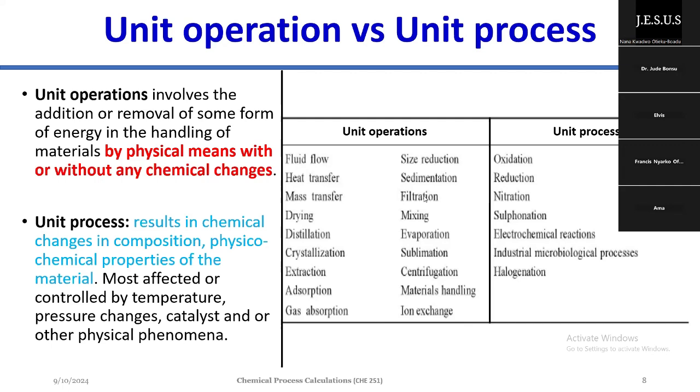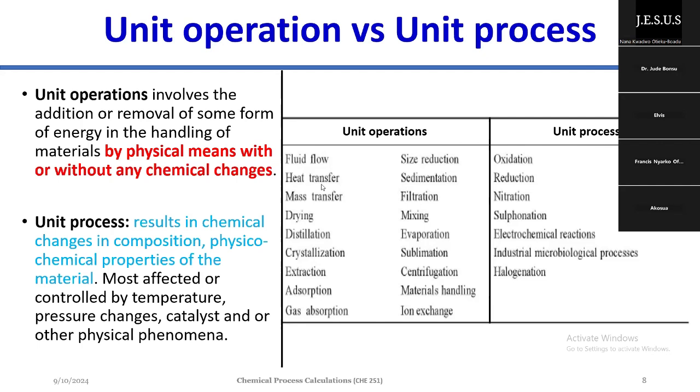The unit operations just involve physical means, right? But with the unit process, there's always a chemical change in the composition. So when you compare these two, unit operations and unit processes: the unit operations are always about a physical process, like fluid flow, heat transfer, something that we can relate physically, as compared to the unit processes, which involve changing the chemical composition.